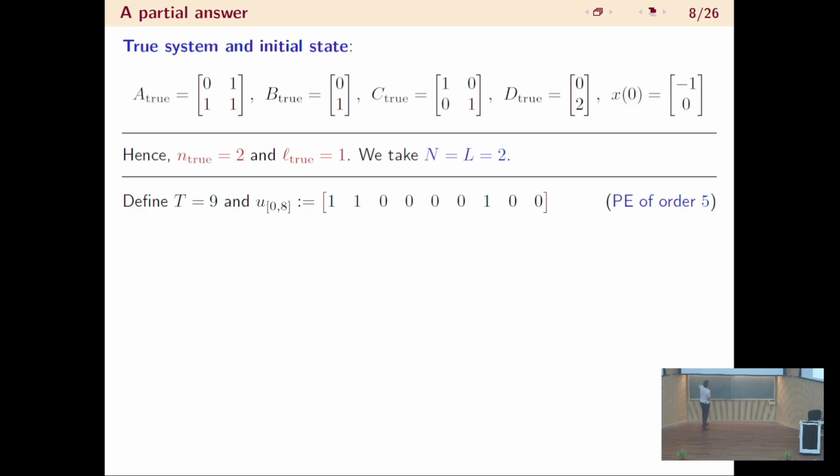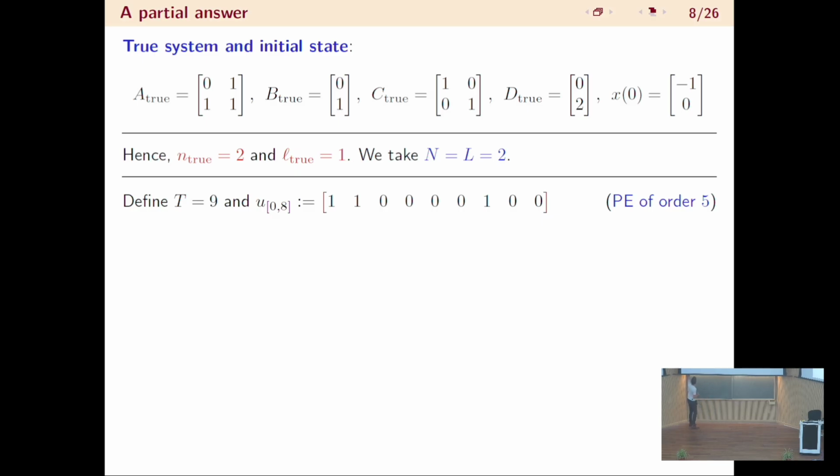Right? 1, 0, 0, 0, 0. 0, 0, 0, 0, 1. Right? Then 0, 0, 0, 1, 0. And finally, 0, 0, 1, 0, 0.